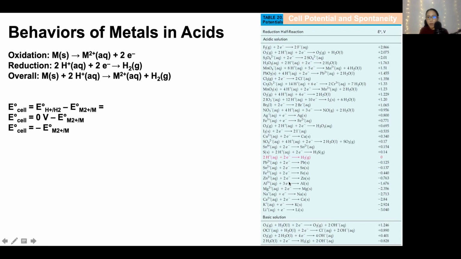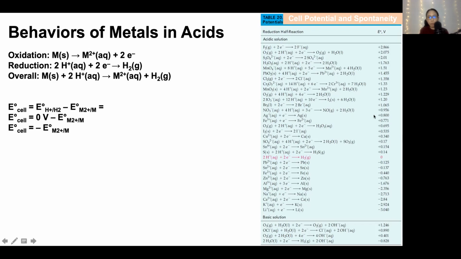But for example, we have here silver. If you place silver in an acid, such as hydrochloric acid, it will not react because it has a positive standard electrode potential.